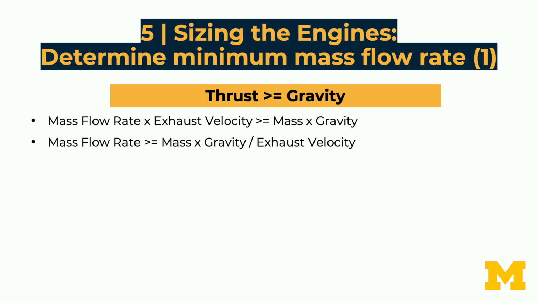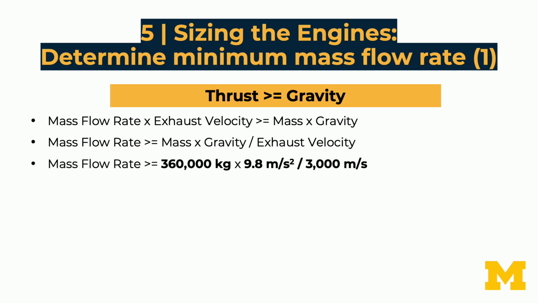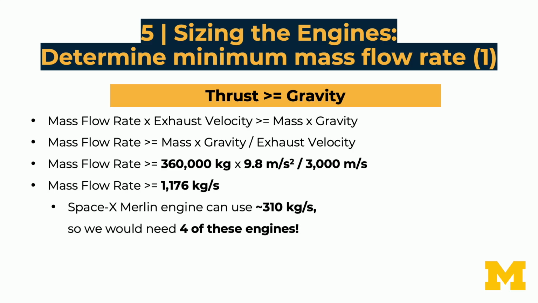You put in all of that stuff. You have 360,000 kilograms for the mass of the rocket, times 9.8, which is gravity, divided by 3,000 meters per second. And then you do all that math, and you come up with the mass flow rate has to be larger than 1,176 kilograms per second.